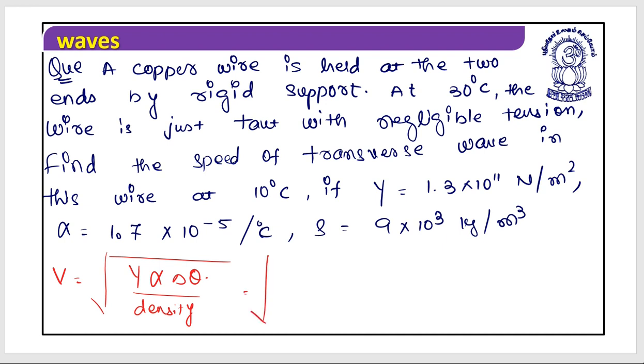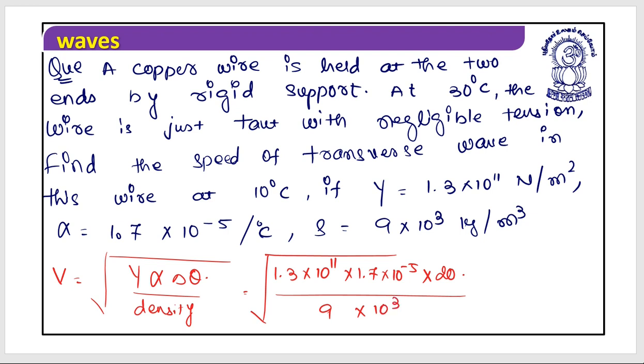So this is root of 1.3 × 10^11 multiplied by alpha, 1.7 × 10^-5, into delta theta, which is 20, divided by density, 9 × 10^3. If you solve this, you will find it is 7070 meter per second. Yes, but you need to solve this. Please do it. I hope this is clear. So this kind of question could be asked. I hope you are clear with this approach and these concepts.